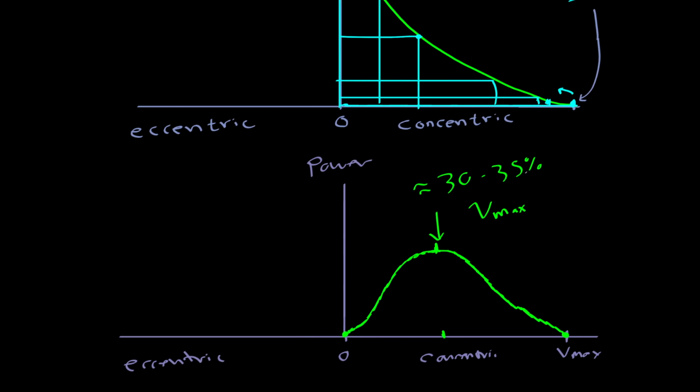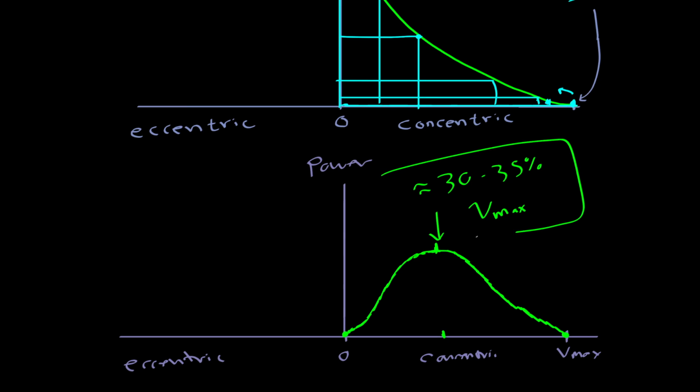Suppose you test out different speeds at which you can lift some weight. It turns out that the most powerful motion is going to be the one that's about 30 to 35% of the maximum speed that you can move something at. So if you're interested in optimizing your power output, you want to shoot for that range.